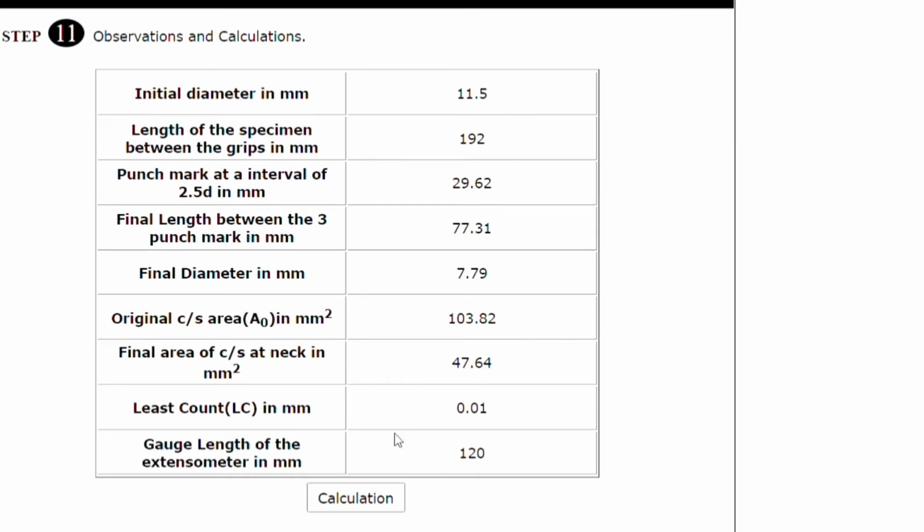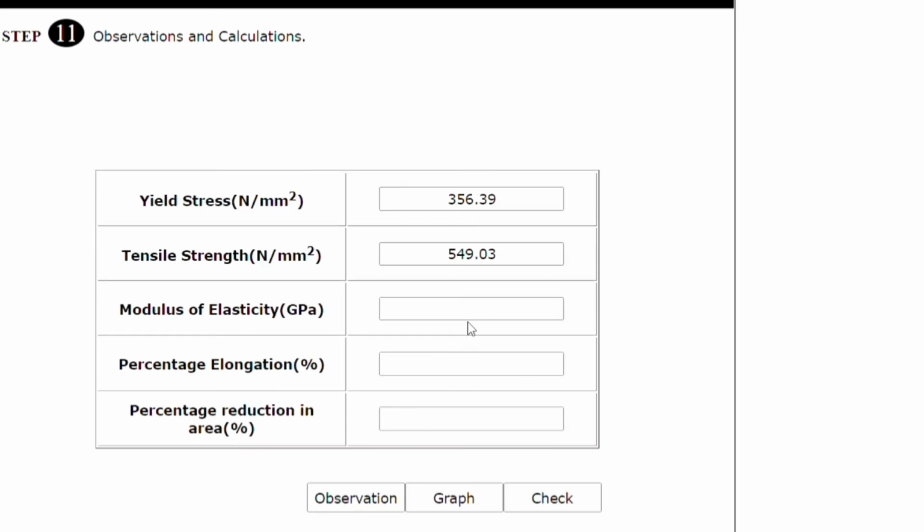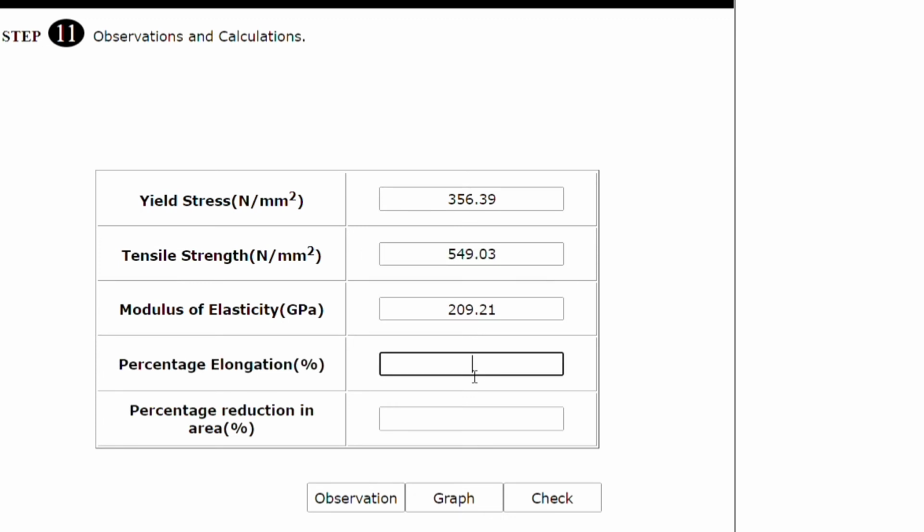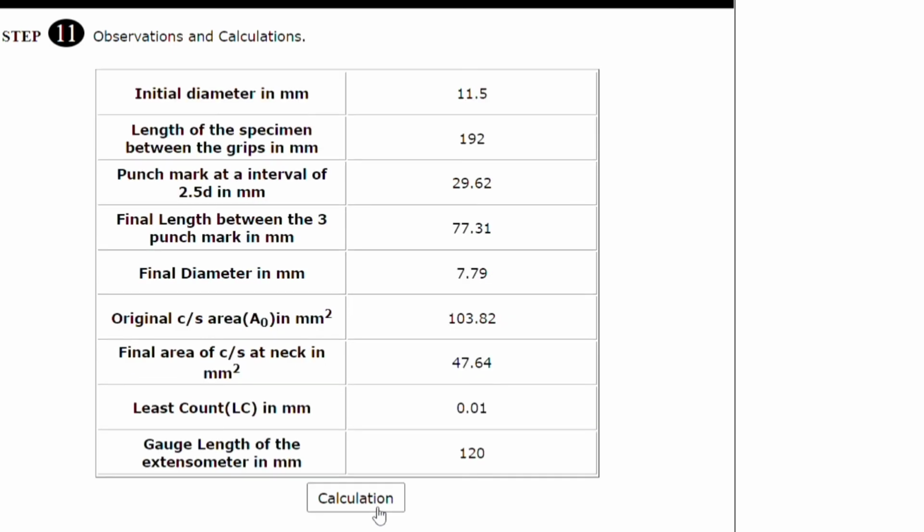So the slope is 1.81, times 100, times the answer we divided. So we will get 209.21.